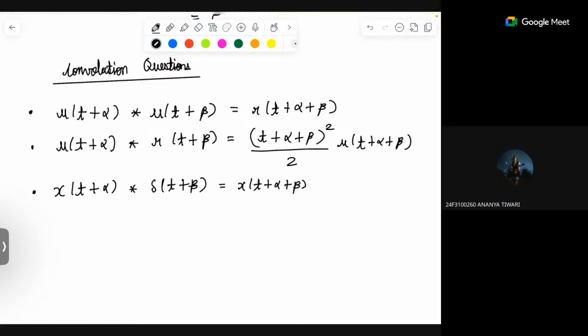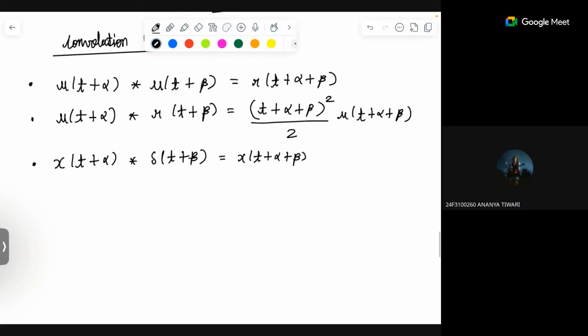Yeah. So the third one says x of t is any general signal, delta of t is the impulse. This is shifted by alpha, this is shifted by beta, and this is the output that I get. The alpha plus beta gets added, and x of t stays x of t, just shifted by alpha plus beta. So these three things are clear, like what I wrote? Yes.